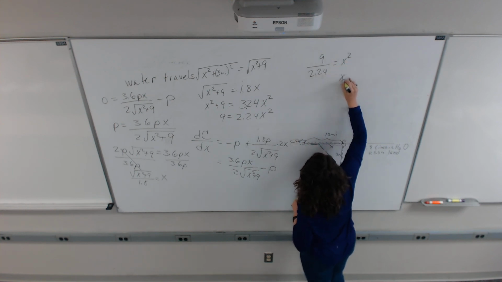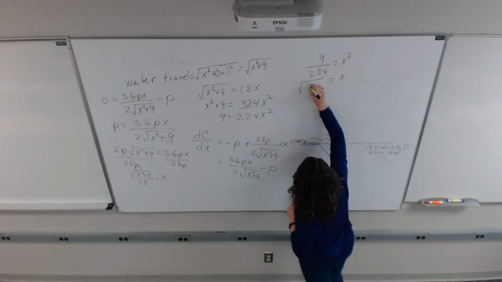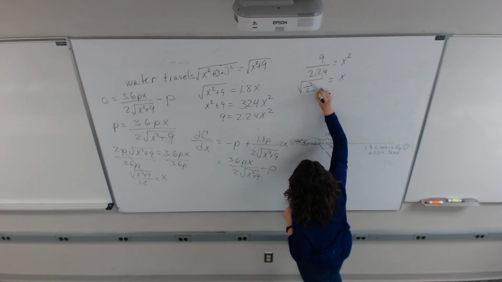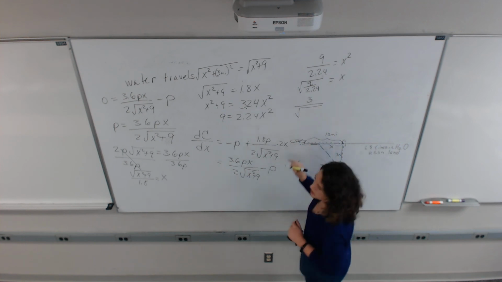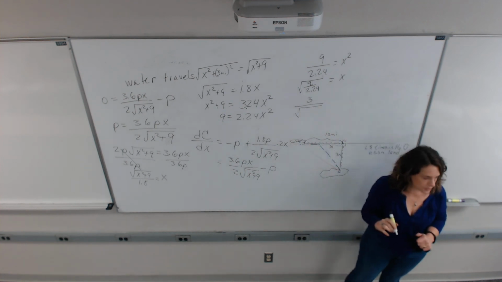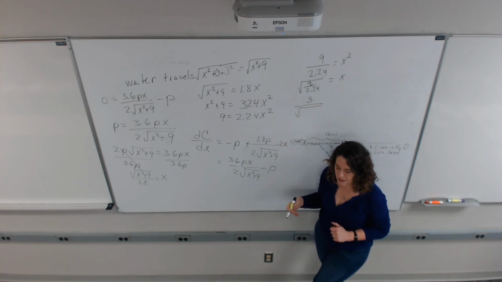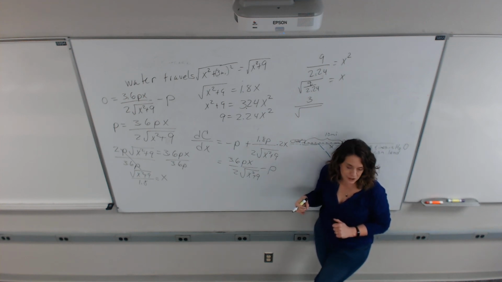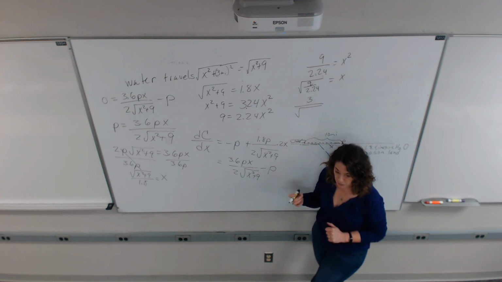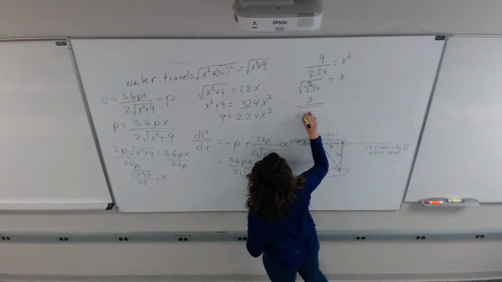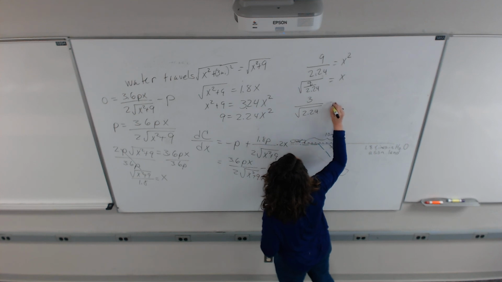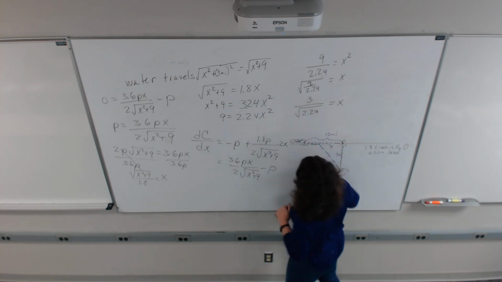What do we know about x? Has to be positive. I already wrote the answer. Okay, so that gives me 3 over the square root of 2.24, and I don't think 2.24 is a perfect square, and it can't be, because 2.25 is a perfect square, right? So it's really, really close to 1.5. But I would leave it under there, and that's got to be x.